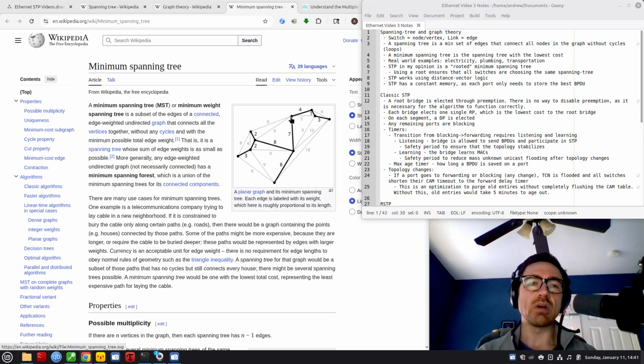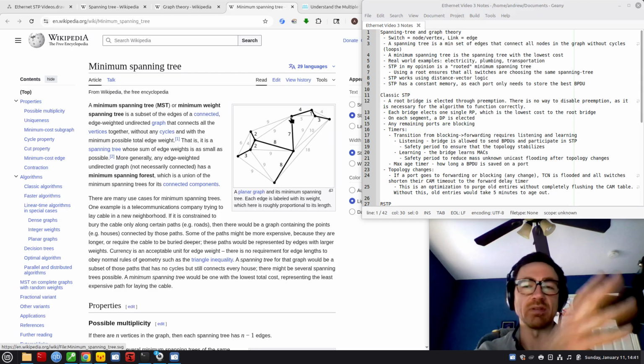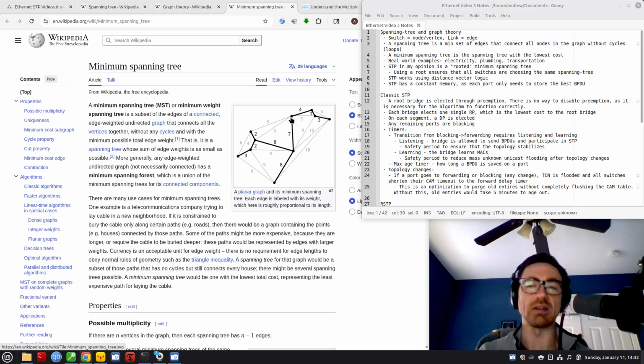It's also interesting to note that spanning trees are useful for much more than just producing loop-free layer 2 topologies. They can be used for real-world applications such as finding the lowest cost of copper to wire up a building. You could say in the building, each outlet is a vertex, and all the possible paths that you can run wire between each outlet and the outlets next to it are edges connecting exactly two outlets together.